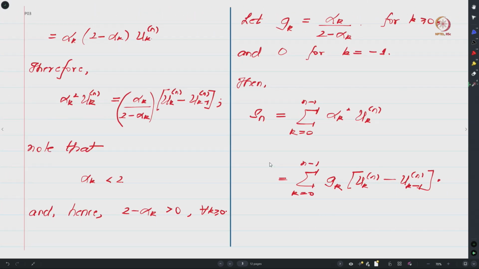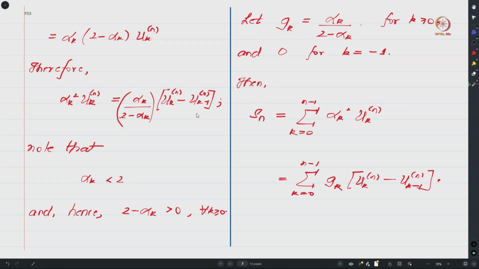So the expression on the left hand side was ukn minus uk minus 1n, and hence one can see that this expression equals this. The advantage of working with this instead of this is that we have this difference, and I will soon show you how this difference actually helps.